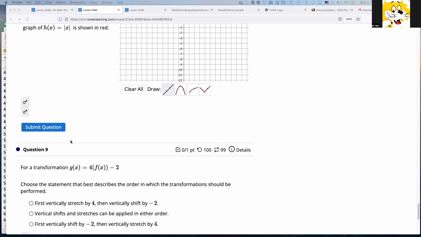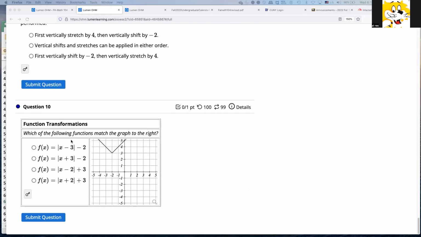And here we have an absolute value that has been moved to the right 3 units, down 2 units; to the left 3 units, down 2 units; to the right 2 units, up 3 units; to the left 2 units, and up 3 units.